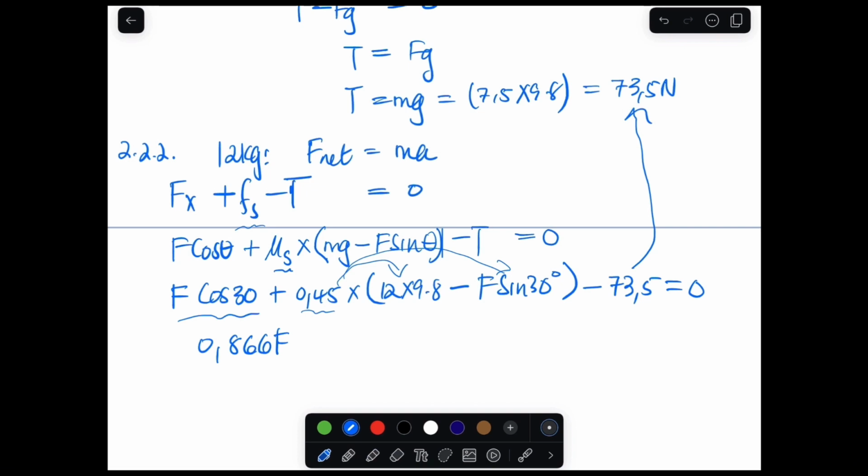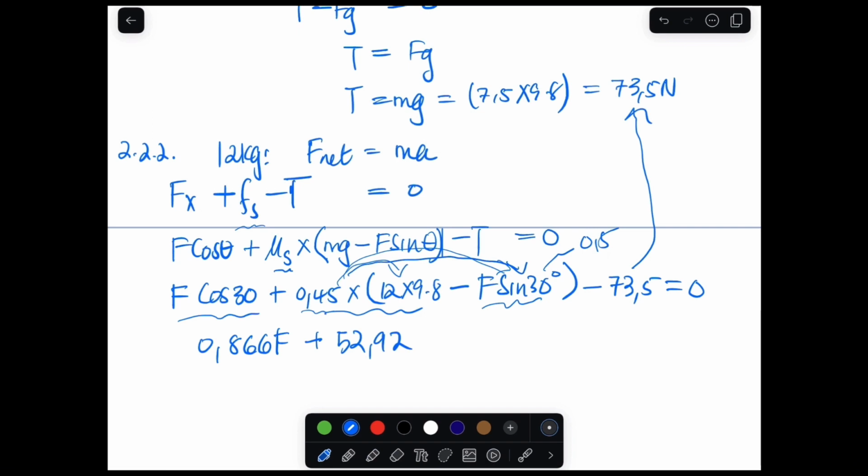The answer there will be positive 52.92. And then I distribute that, multiply by that. So 0.45 multiplied by F sine 30. Sine 30 is half.